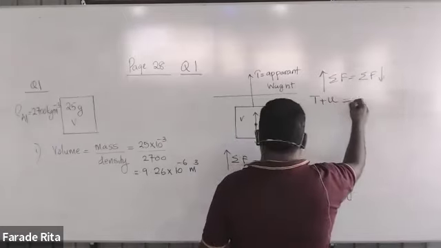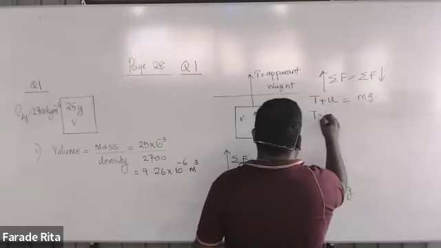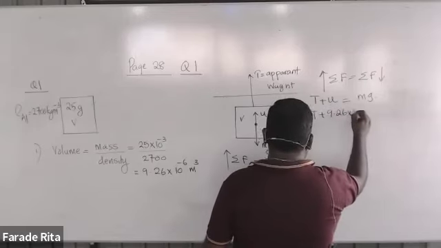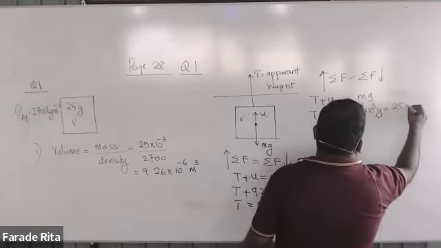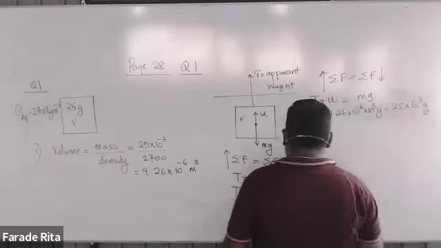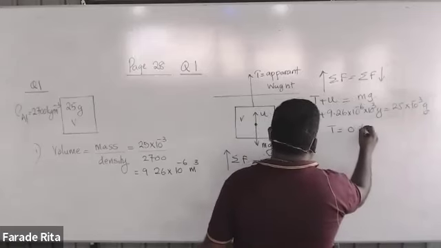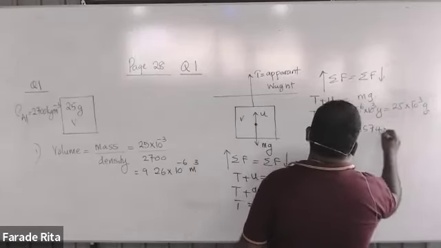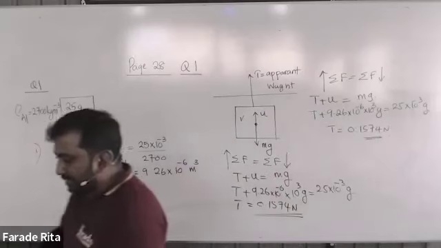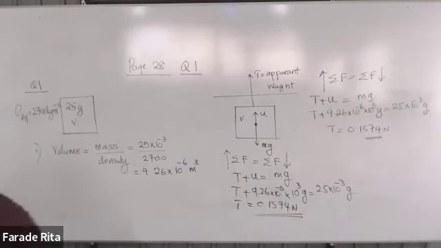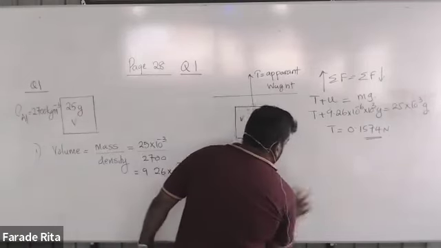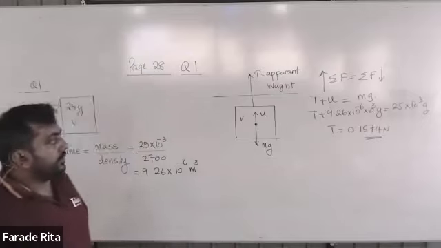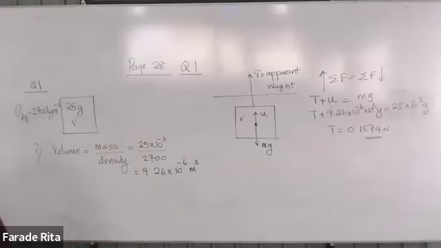Tension plus upthrust equals weight. Tension plus submerged volume, 25 times 10 to the power minus 3 g. Tension is equal to 0.1574 Newton. Right, no? Quickly work question number two.